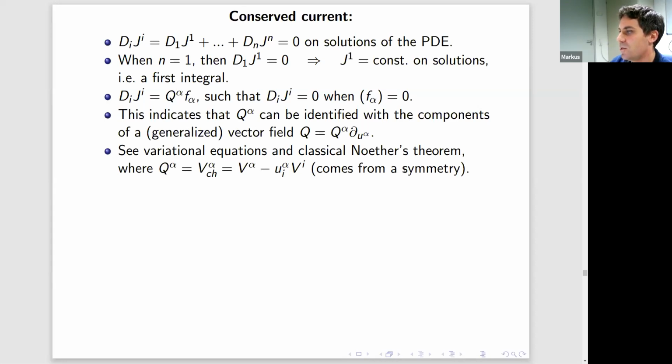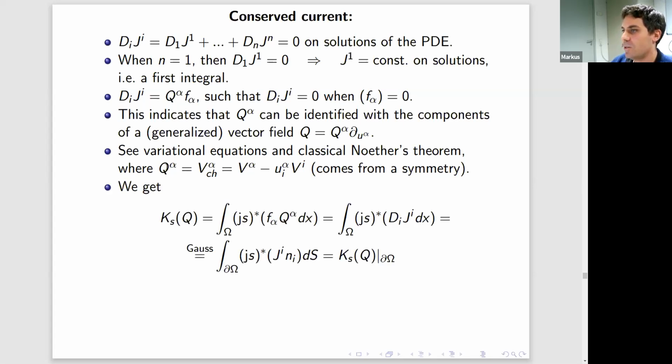In Noether's theorem, this characteristic comes from a symmetry, of course. And we want to do something similar, but we allow a slightly more general factor q. Or you could also say maybe q is an integrating factor.